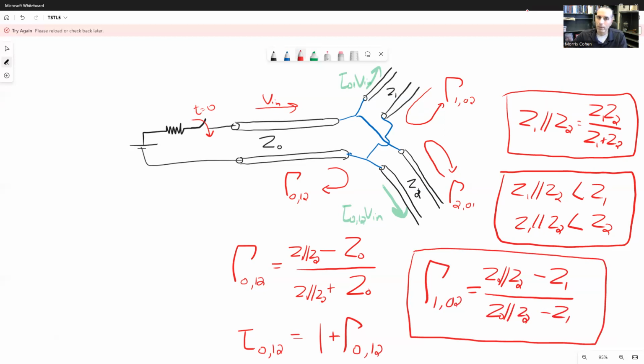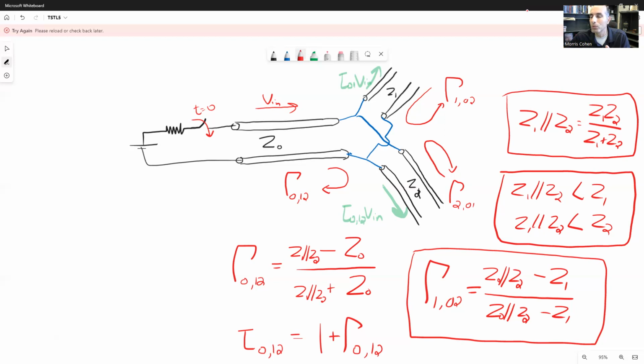The important part here is that the same voltage is injected into these two transmission lines after that first wave strikes the boundary. However, because these lines are in parallel, the currents on these two transmission lines are quite possibly different.